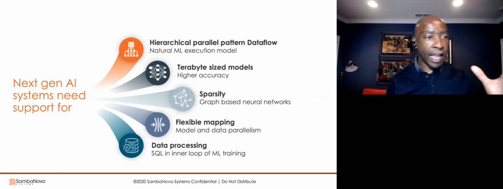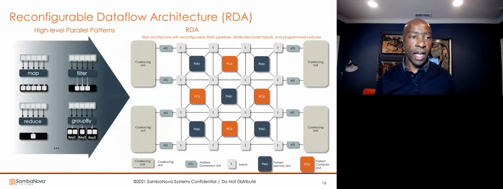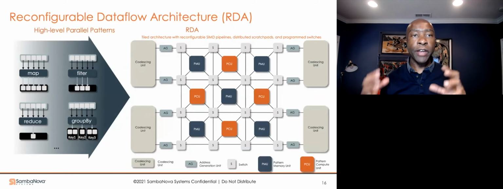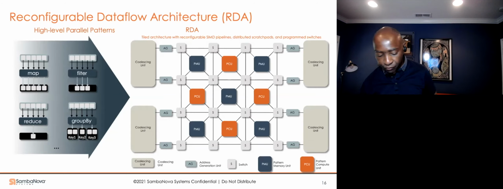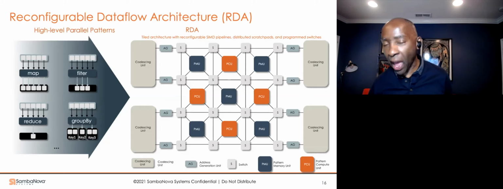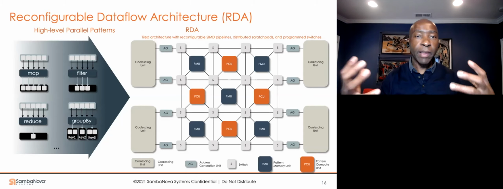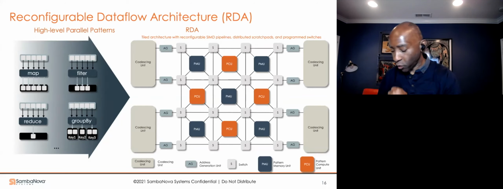And so given these needs, what we came up with was the idea of a reconfigurable data flow architecture. This architecture is really a way of taking these parallel patterns and natively providing the capability to run them effectively and efficiently in hardware.